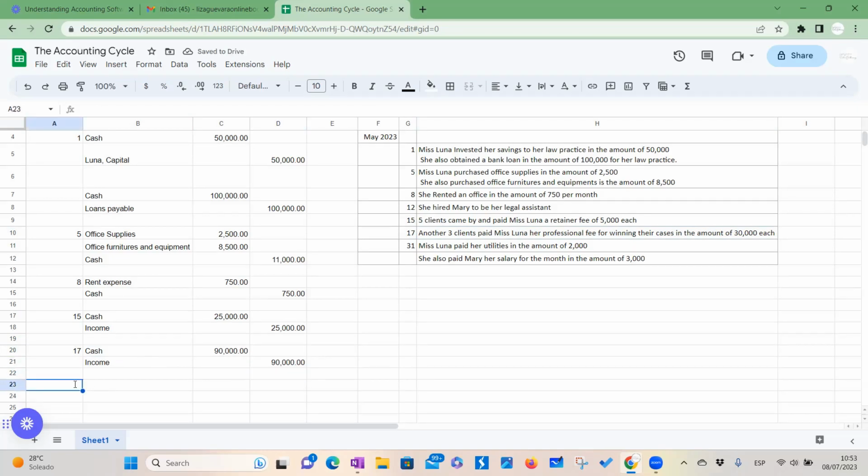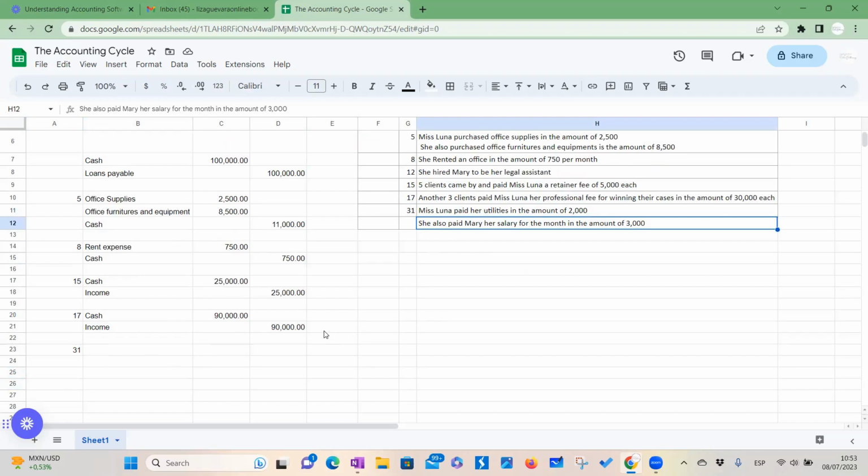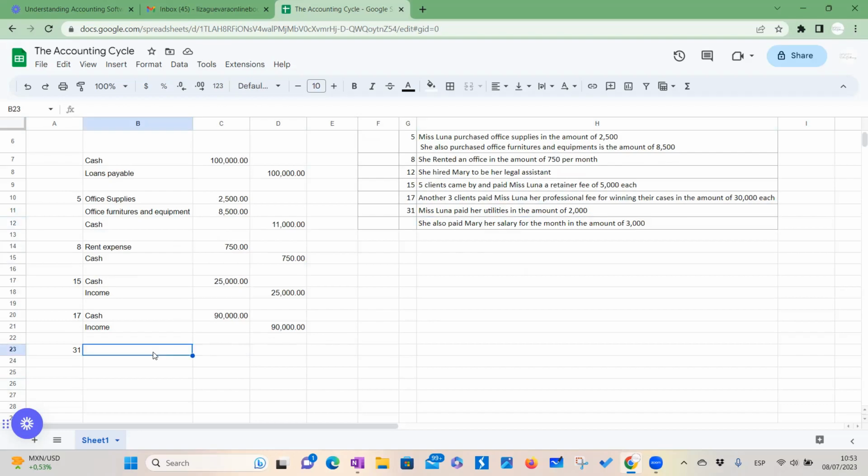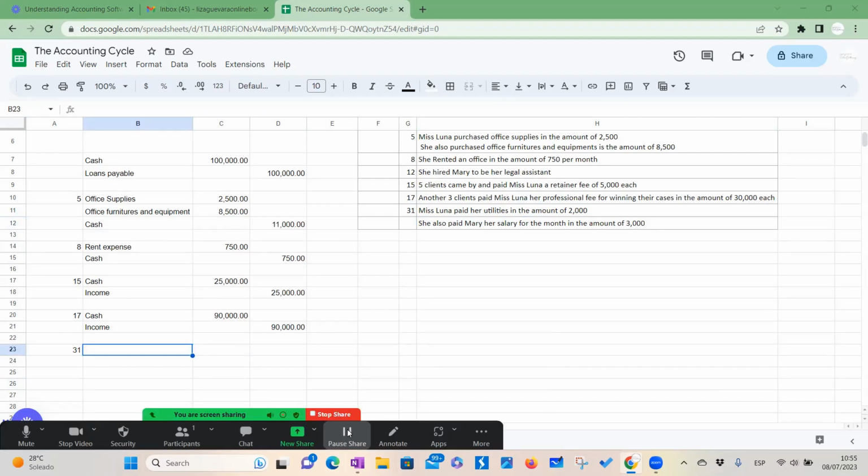So on the 31st, the last day of May, Miss Luna paid her utilities in the amount of 2,000 and she also paid Mary her salary for the amount of 3,000. So we'll record this too. So on the 31st, we have 2 transactions.